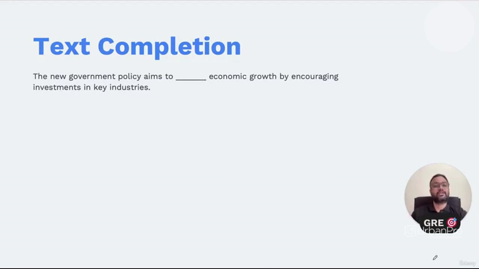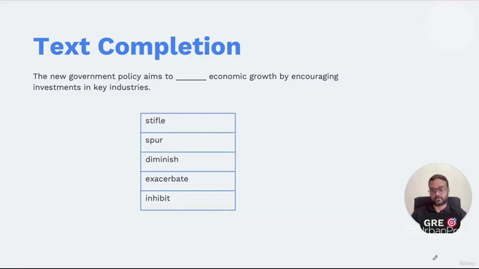Now these have three forms of questions. You have the single blank, the double blank, and triple blank. All of these consist of a text, and this text can be anywhere from one sentence to about 5 sentences big. For a single blank, you will have one blank and 5 corresponding answer options. Your job is to understand what the text is saying, and based on the information provided in the text, come to an understanding of what the blank should be filled with.